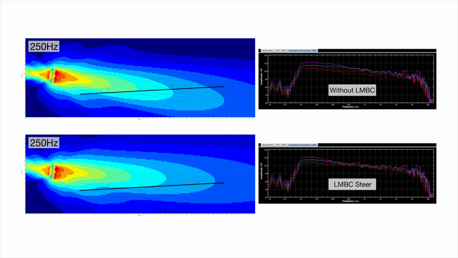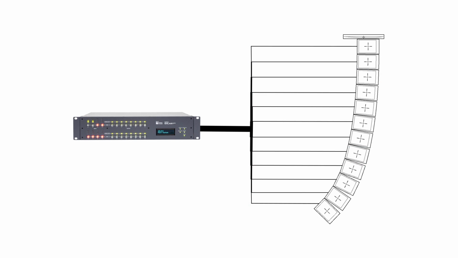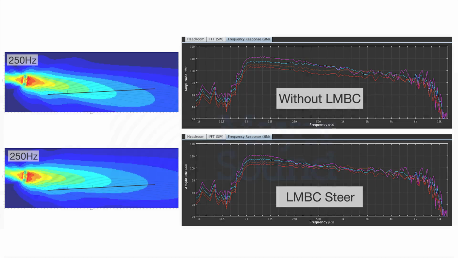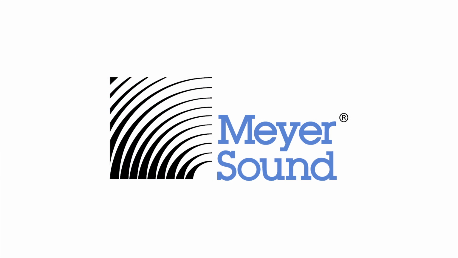We can use MAP to determine how much a given design will benefit from LMBC. Provided we set the system up with the necessary wiring and processing, LMBC can be engaged and the results evaluated during optimization. Meyer Sound continues to develop and provide useful tools that are safe from unexpected side effects, proven scientifically, and practical to implement.